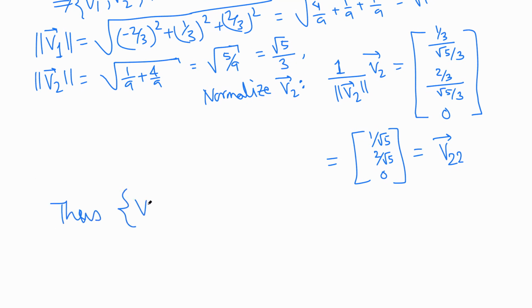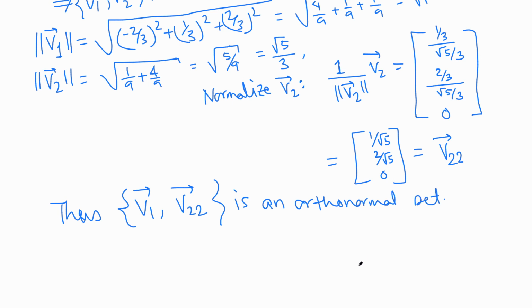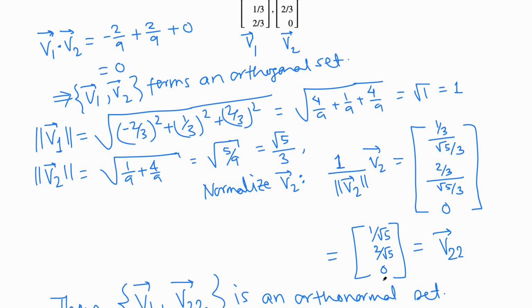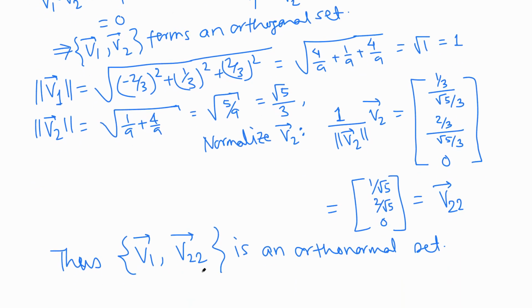Thus v1, v2 2 is orthogonal as well as orthonormal. Orthogonal in the sense that if we multiply v1 and v2 2, the product is 0.